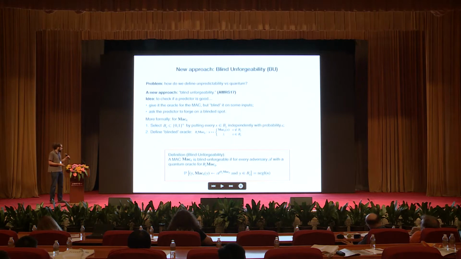And the corresponding definition then reads like this. A MAC K is blind unforgeable if for every adversary with a quantum oracle for the blinded function, the probability of the adversary outputting a correct input-output pair where the input is in the blinding set is negligible.